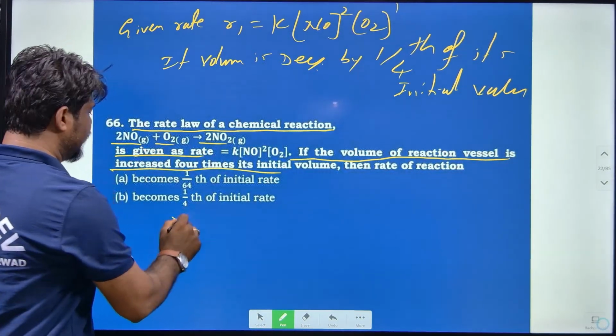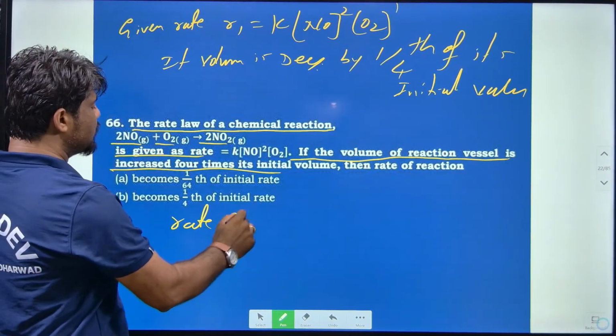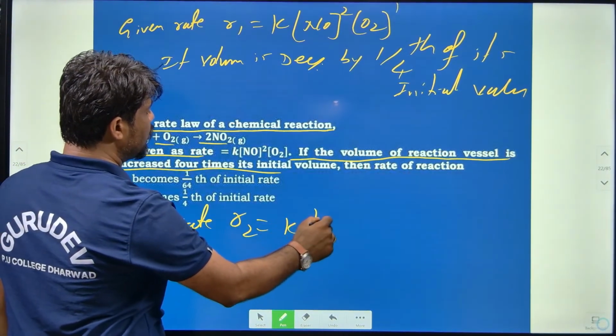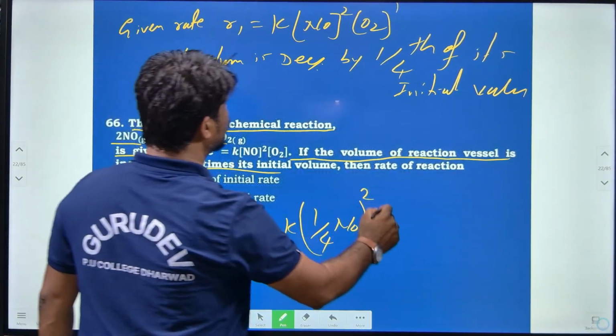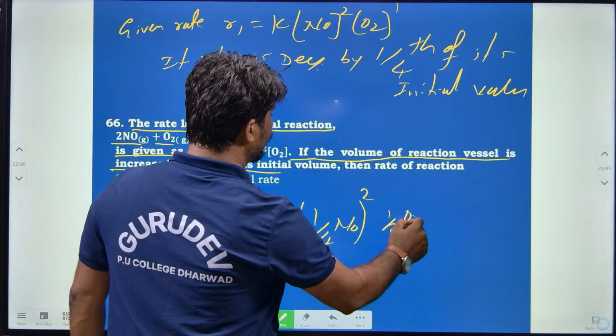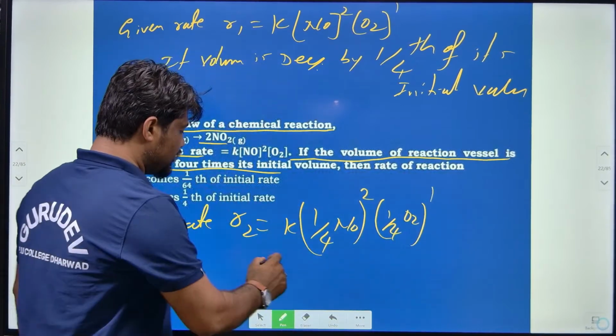Then the rate R2 is equal to K into 1/4 of [NO], all to the power of 2, into 1/4 of [O2], all to the power of 1, which is the simplification.